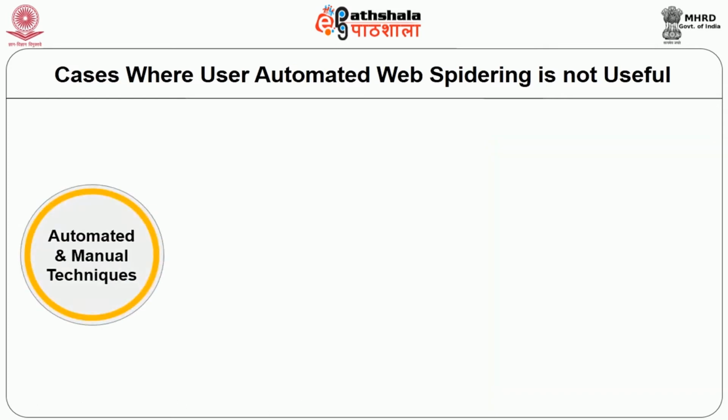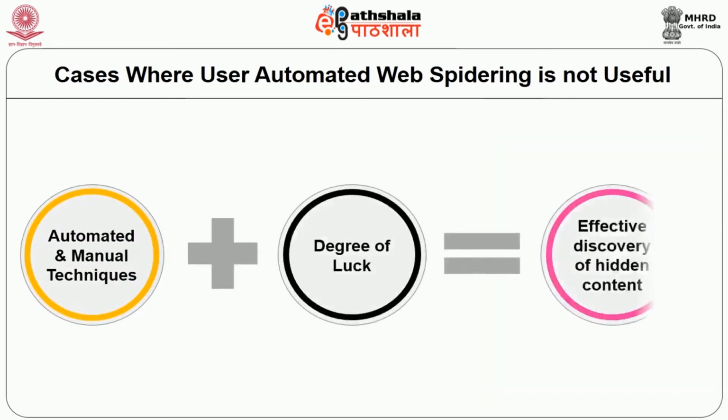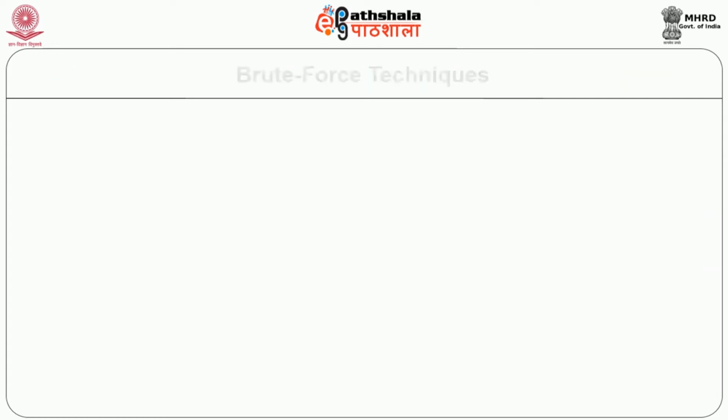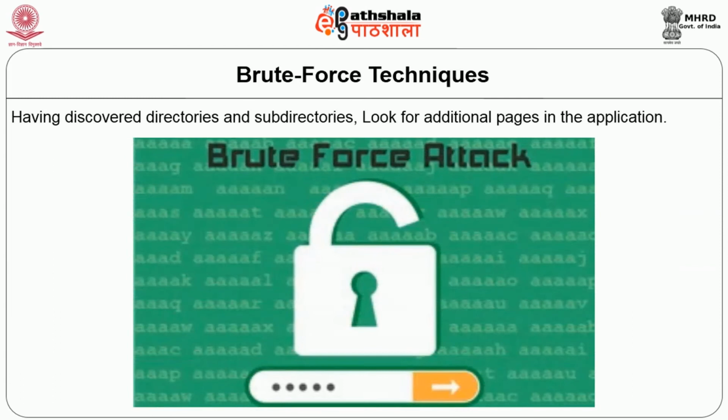If one wants to effectively discover the hidden content, it requires a combination of automated and manual techniques. And it is often relying on luck whether you will be able to find the hidden content or not after all the efforts. There are brute force techniques. The brute force technique assumes the adversary attacker has already gone through the structure of the directory where the website is loaded.